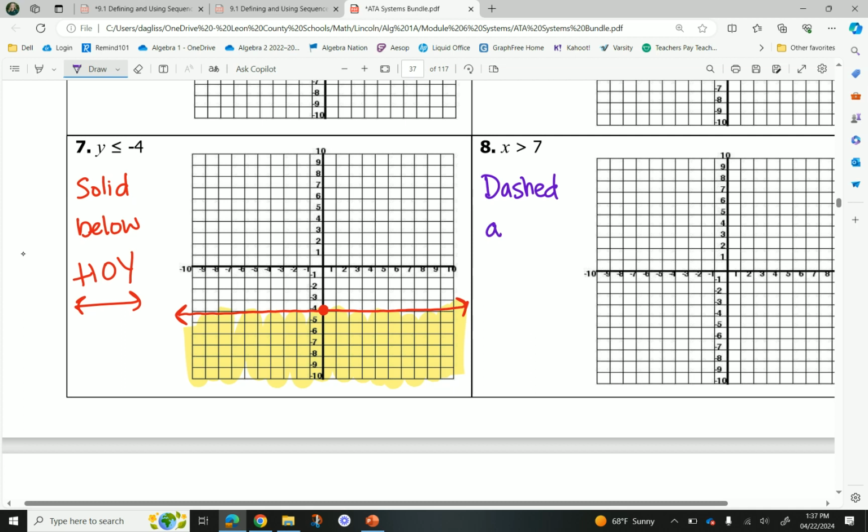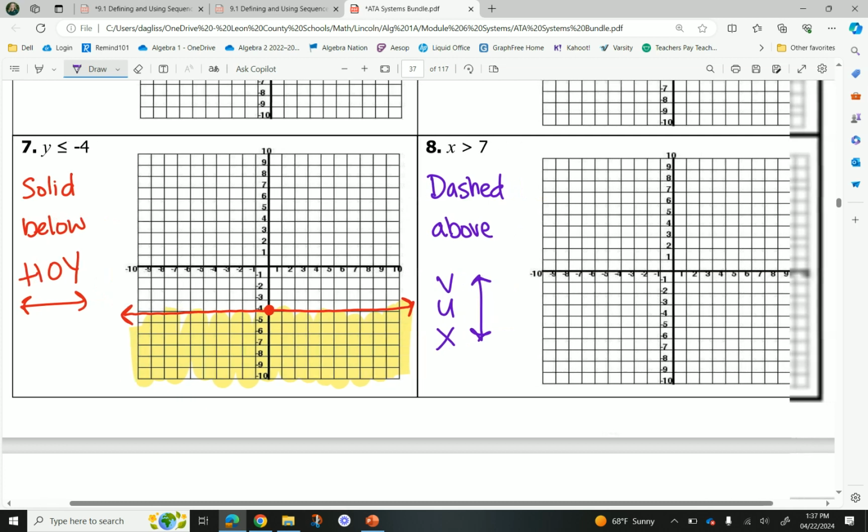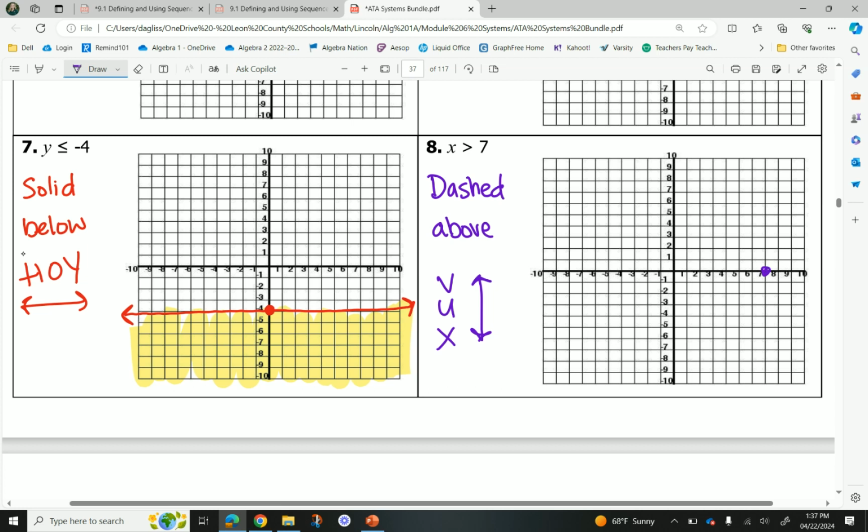Above. Is this a hoy or a vux? A vux. And vuxes are vertical, correct? So we're going to find where x is 7. We're going to dash through it.